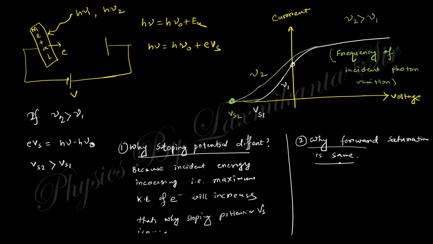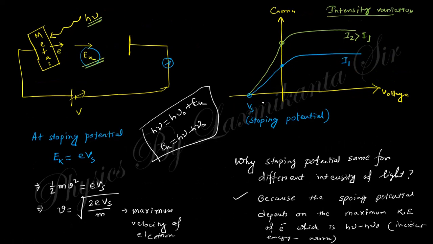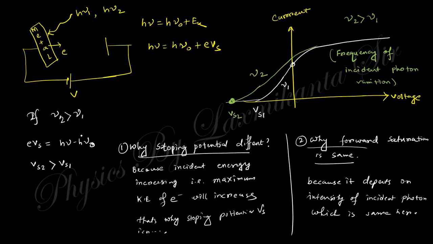Because this forward current depends on the intensity of the incident photon, which is the same here. Clear? That's why the curve for the two different frequencies will be like that. I think it is clear about the frequency variation and the intensity variation curve for this experiment.